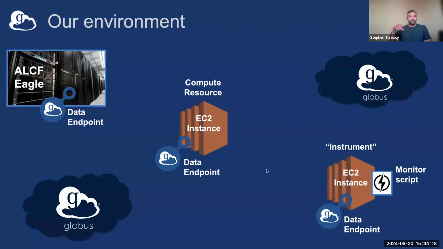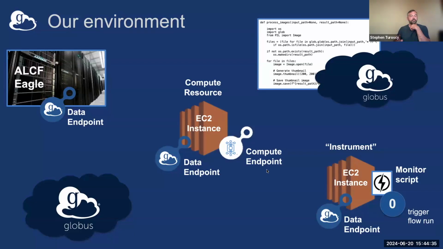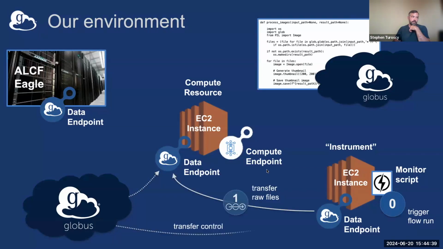So we have a monitor script, presumably when a new data set is available. We have a registered function on the compute endpoint, where that function lives. A trigger: new data sets available, monitor script triggers a flow run. We transfer files to the data endpoints. At that point, Globus is in the background taking control of the transfer. So those are all Globus services doing this.